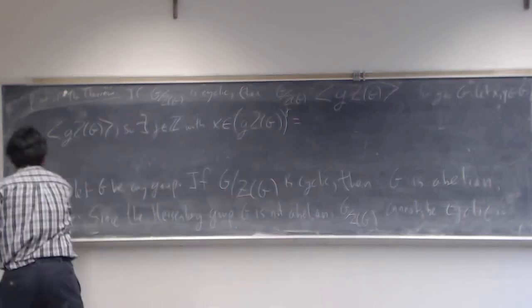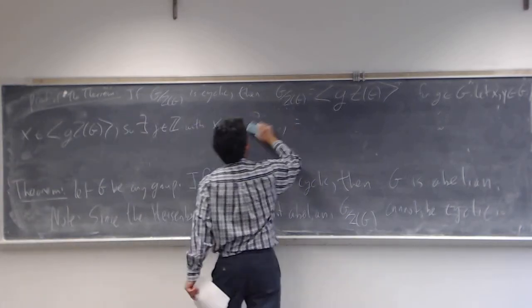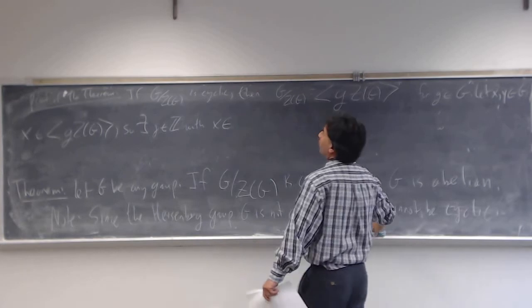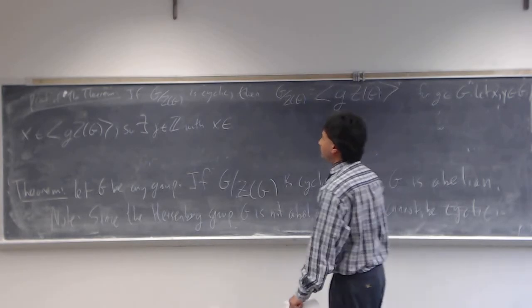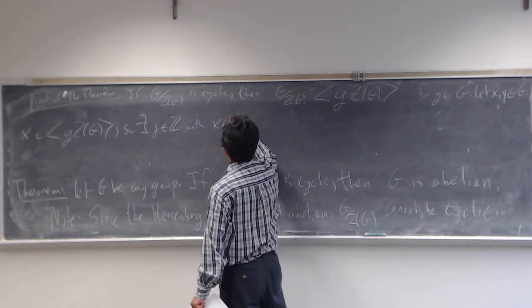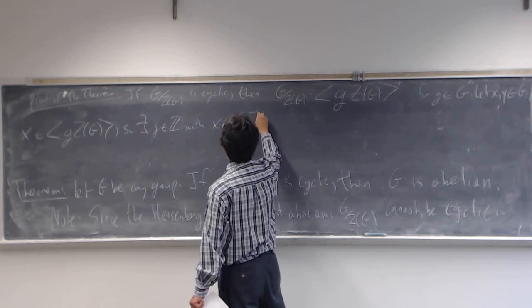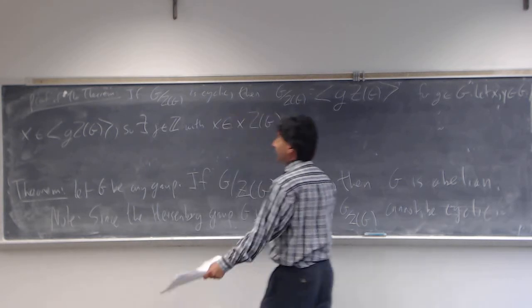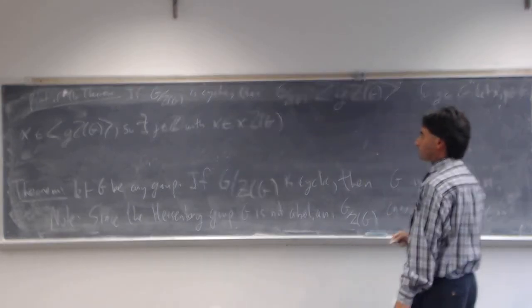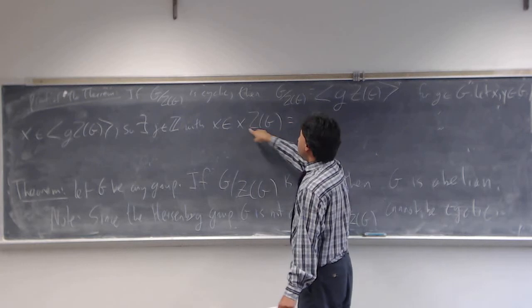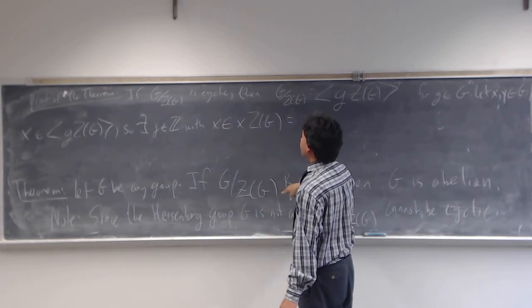All right, so let me put in a few more details that are in the notes here. Okay, here we go. X is certainly in the coset containing X. This is one element of our cyclic group.